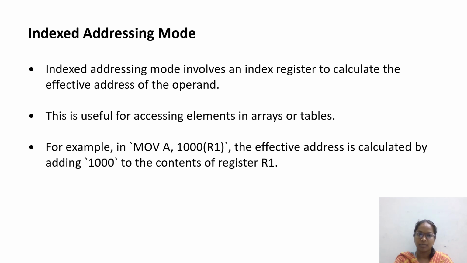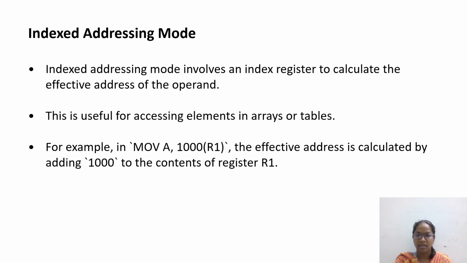Next, coming to indexed addressing mode. Indexed addressing mode involves an index register to calculate the effective address of the operand. This is useful for accessing elements in hash tables and arrays, where each element stored in the table has an index number.